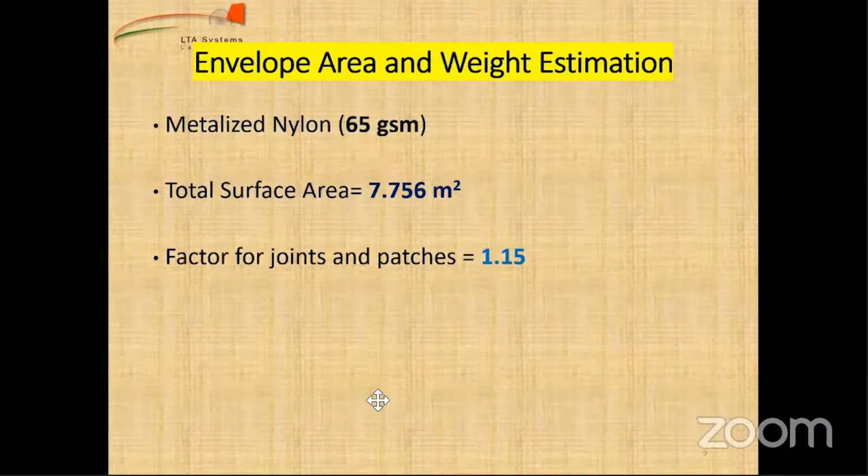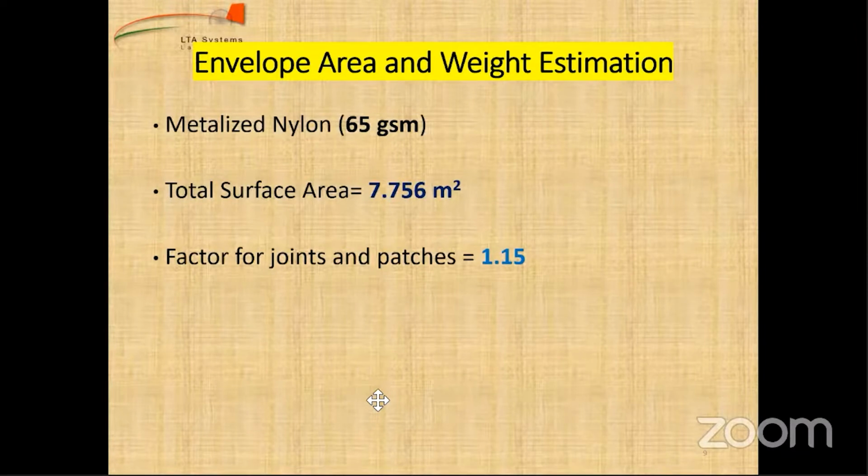There's something called factors for joints and patches. When we make our envelope, we make it with the help of some kind of joint, maybe a lap joint. When we make a joint, there will be some additional material cut for making the joint. We call it an additional penalty for joints.